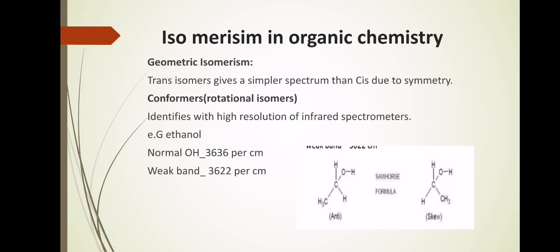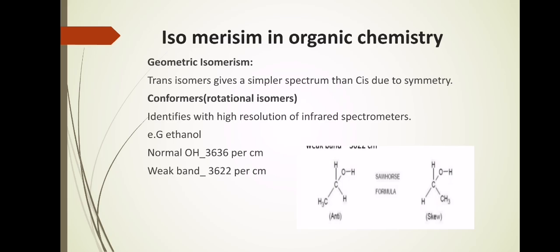Isomerism in organic compounds. The infrared spectrum of an organic compound, with its complexity of bands, provides an excellent fingerprint of the compound. It can be used to identify certain common groups such as carbonyl and amino.